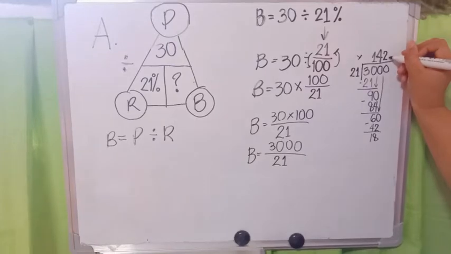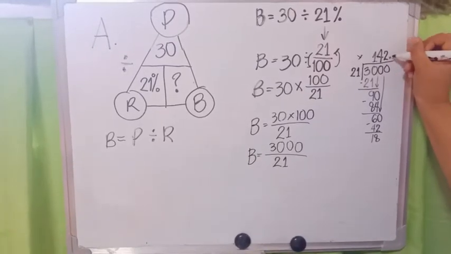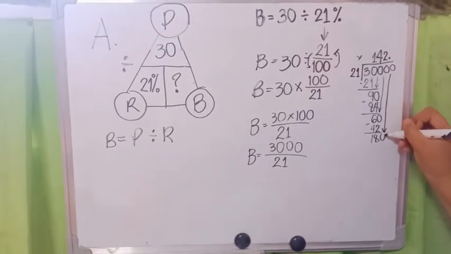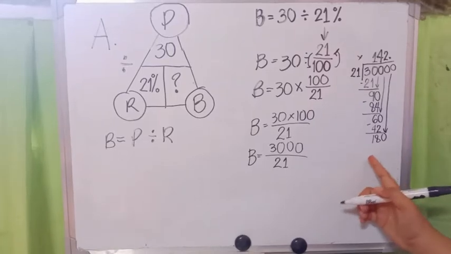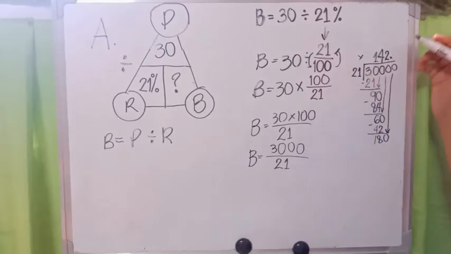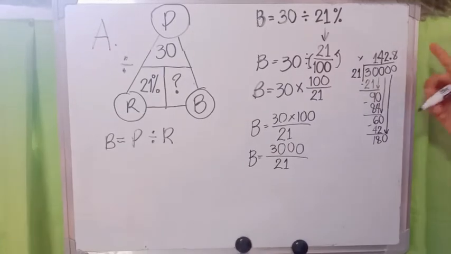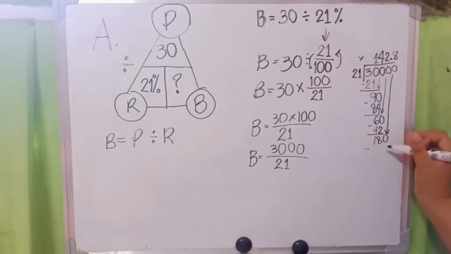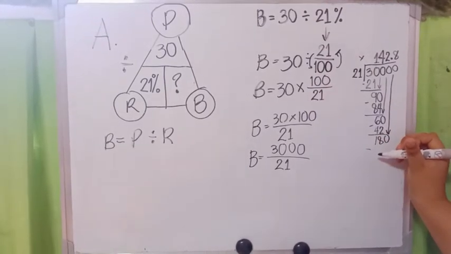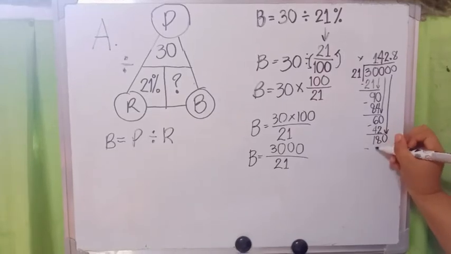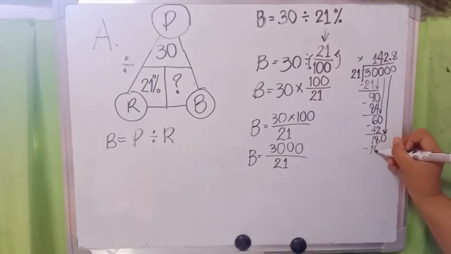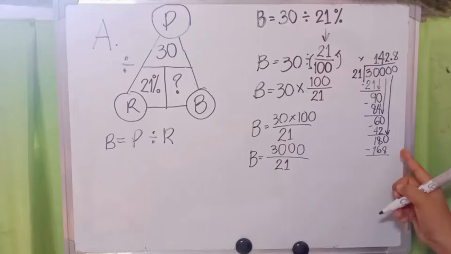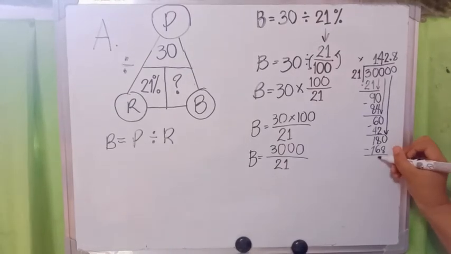Do not forget your decimal point at the top. Okay, the number now is 180. 180 divided by 21 is 8. 8 times 21 is equal to 168. If we subtract, we got 12.